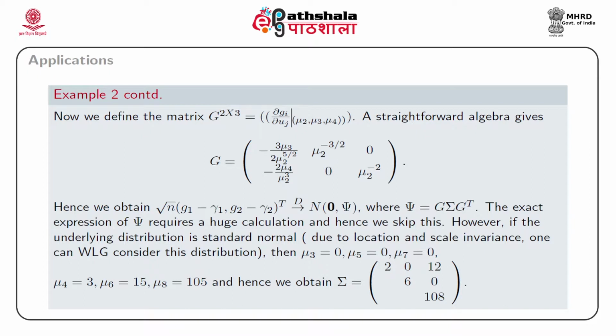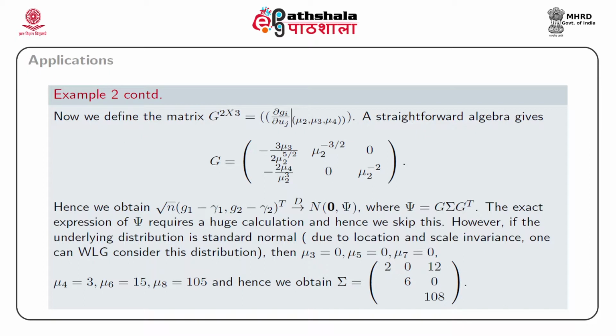Therefore, we obtain the large sample asymptotic joint distribution of G1 and G2 as bivariate normal with mean vector 0 and dispersion matrix sigma psi, where psi is defined as G sigma G dash, that is transpose of G. The exact expression of psi requires a huge calculation and hence we skip the details.